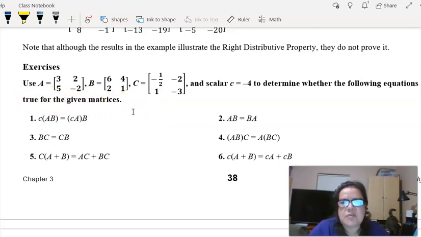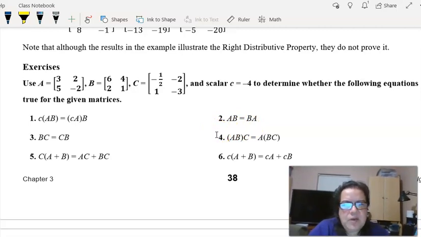So those are the things you're going to be checking. So you actually have to do the calculations and then see, for example, like number 3, does BC, so multiplying matrix B times C, is that equal to matrix C times B? So the same thing, something like this, if you multiply matrix A times B, is that equal to B times A? So let's work one of these out really quick to see.